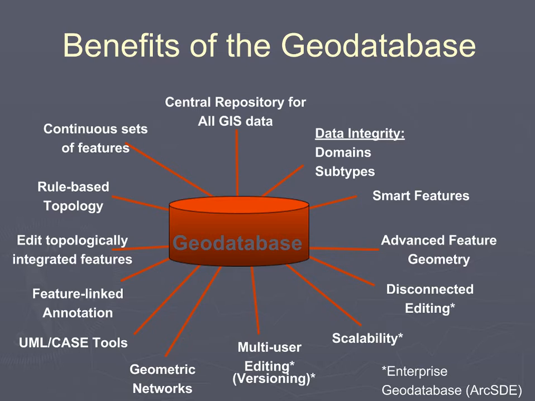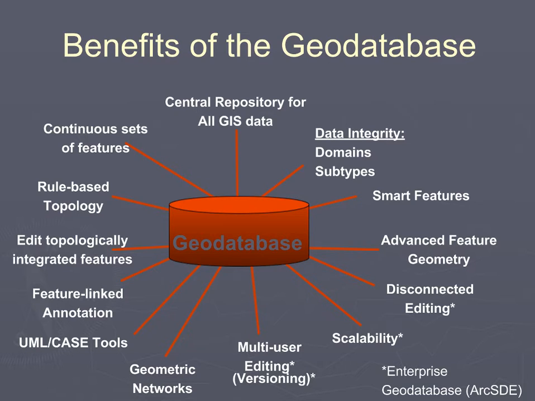The geodatabase has some advanced functionality that allows you to manage data integrity through things like drop-down lists, which is one type of domain. A coded value domain is simply a drop-down list in an attribute table so that you can ensure people enter one of a list of attributes rather than putting in an incorrect attribute.